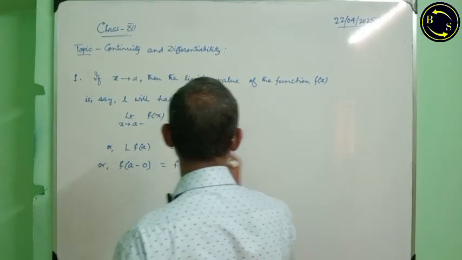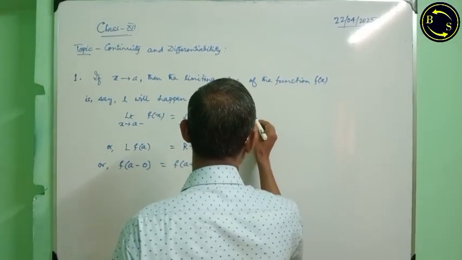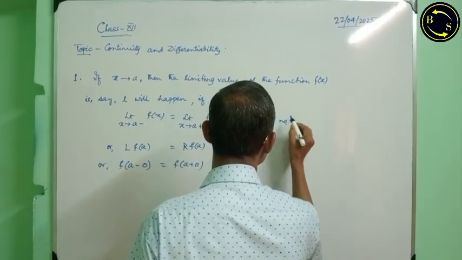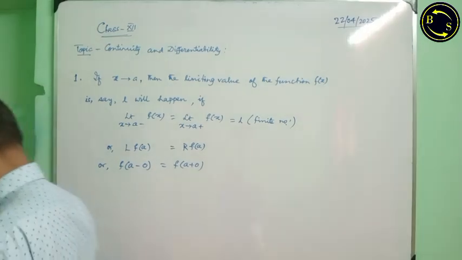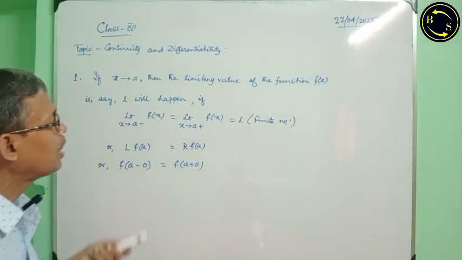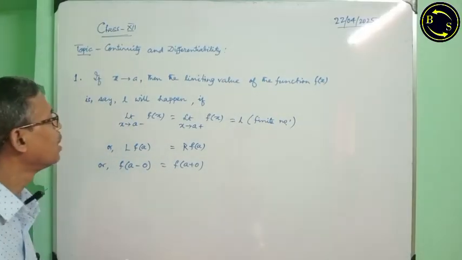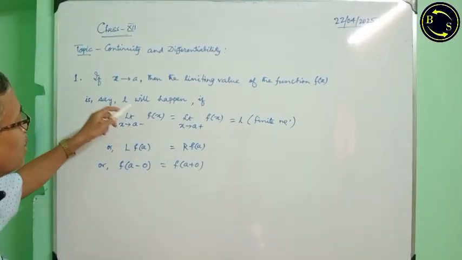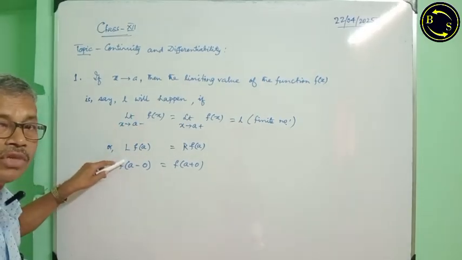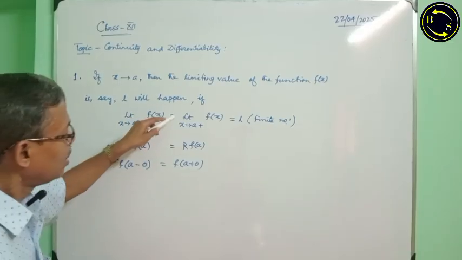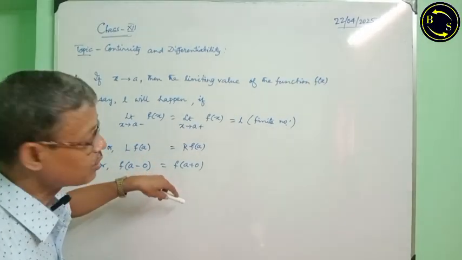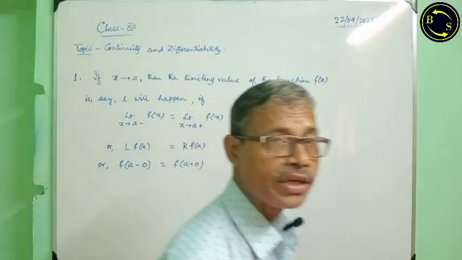And this L is a finite number. Let f(x) be a function, then the limiting value of f(x) will exist if limit x tends to a minus f(x), that is the left hand limit of the function, is equal to limit x tends to a plus f(x), that is the right hand limit of the function, that is equal to L, a finite number.